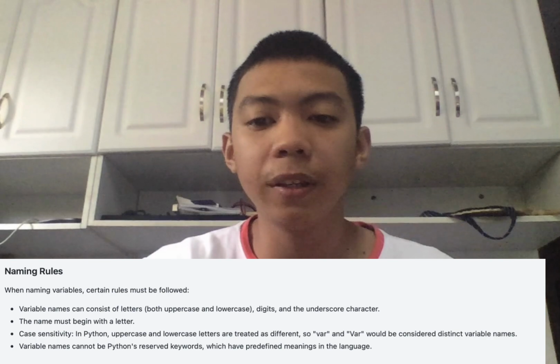Creating variables. In Python, variables are created by assigning a value to them. Unlike some other programming languages, there is no need to explicitly declare a variable before assigning a value to it.